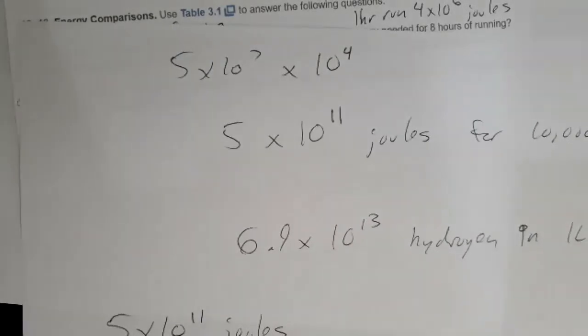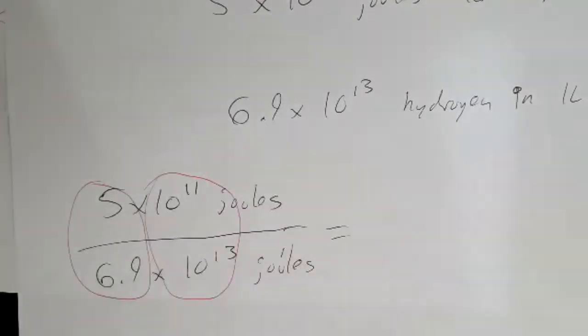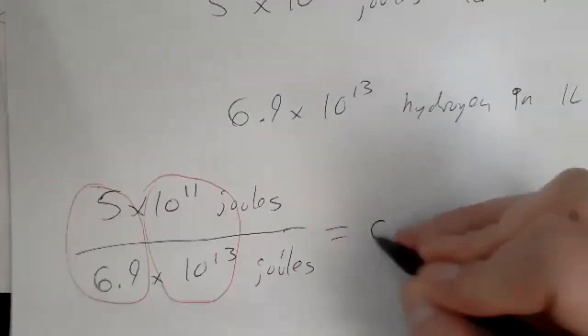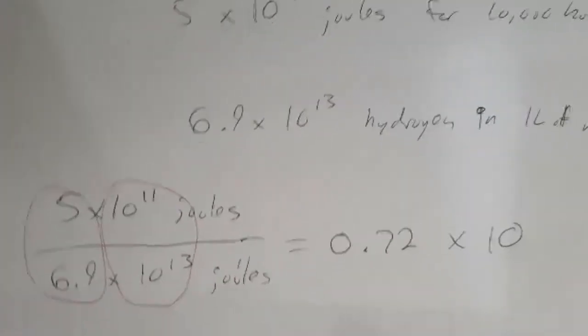So we can look at the whole numbers separately from the powers of 10. If we do 5 divided by 6.9, it's giving like 0.72 times 10.